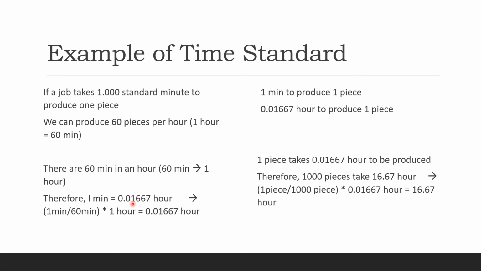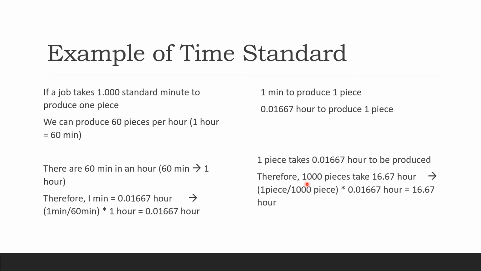So how do we get it? 1 minute divided by 60 minutes, the minutes cancel out, times 1. So 1 minute is equal to 0.01667 hour. So 0.01667 hour is 1 minute to produce one piece. One piece takes 0.01667 hour to be produced.